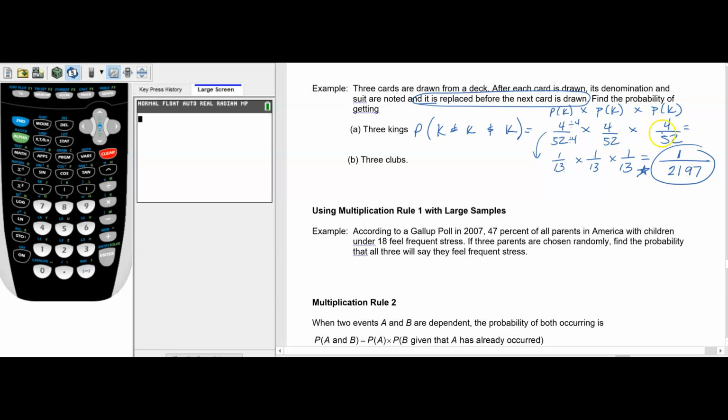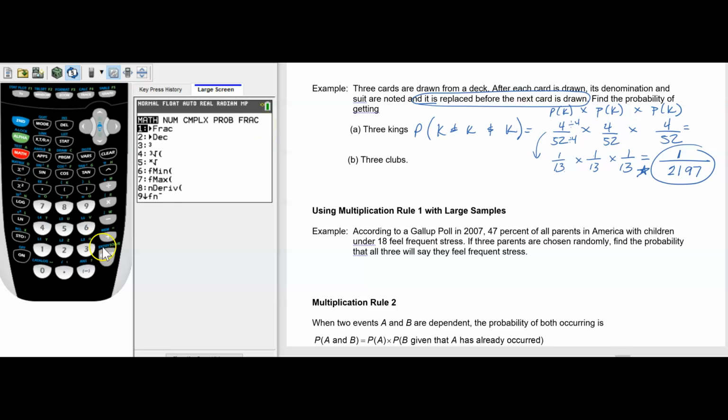If you had done it the other way, let me just show you. 4 out of 52 times 4 out of 52 times 4 out of 52, you get a really, really small number. That's what that e to the negative 4 means. It's scientific notation. Let me see if I can change that to a fraction. Okay, it does reduce it for me.